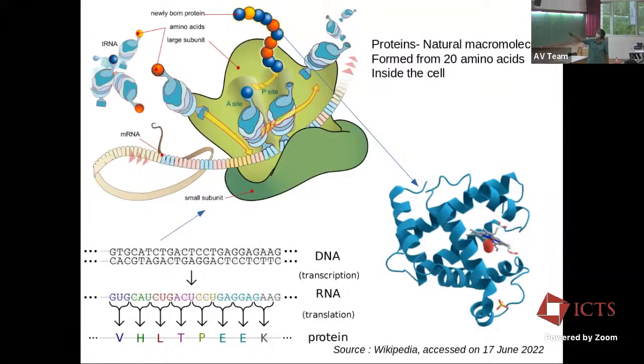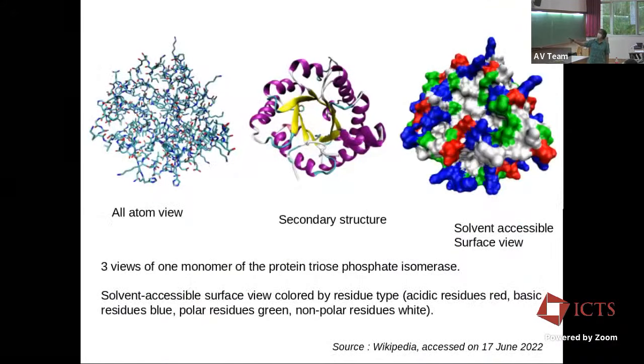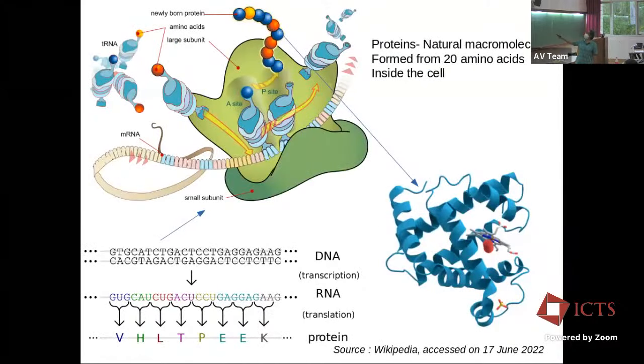But the problem is that it starts like this, then it forms what are known as secondary structures, and then tertiary structures. Those tertiary structures are what we were seeing here as those ribbon-like structures. So they become much more complex. When you apply force, is the force going to the tertiary structure, or is it getting transferred to the secondary structure, or is it going to the primary structure?